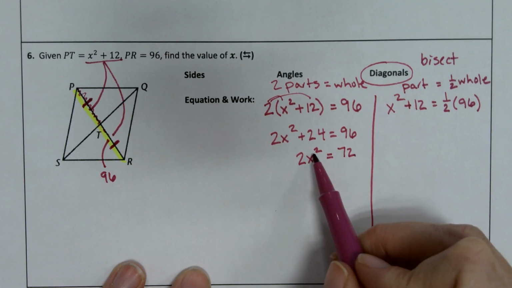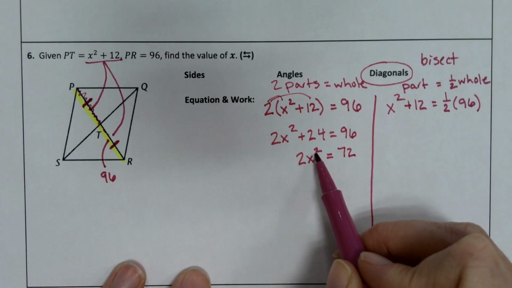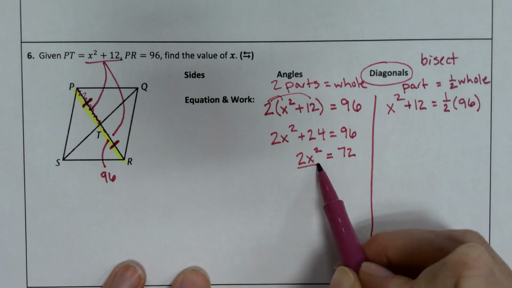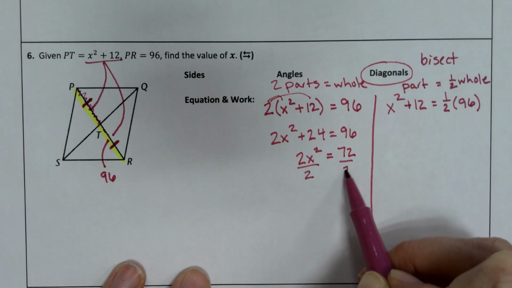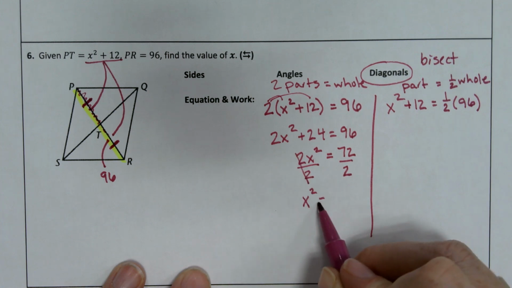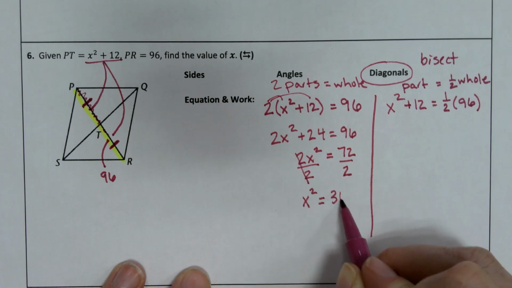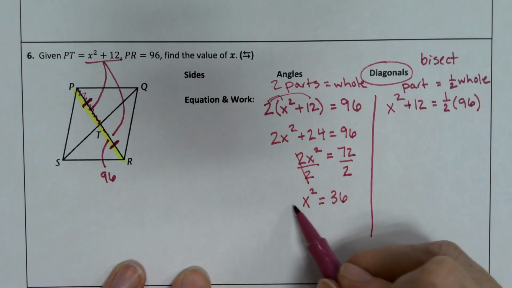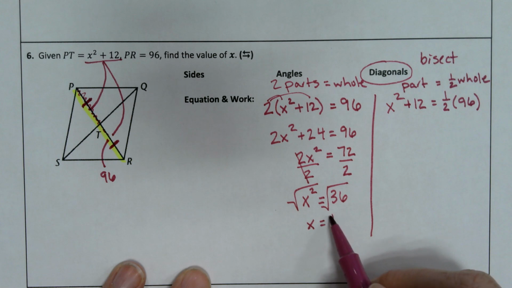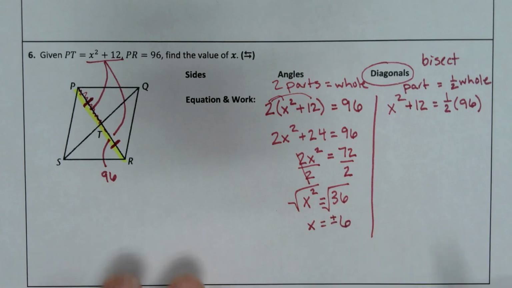We are going to take a square root, it looks like, because I have a squared term but no regular x to the first terms. But I can't do that until I get that coefficient to go away. So I'm going to divide both sides by 2, which means x squared is equal to 36. And then I'm ready for my square root, which means x is either positive or negative 6 in algebra world.